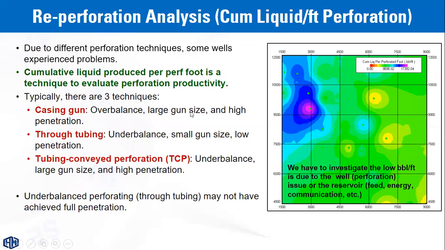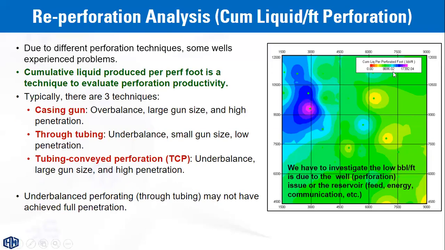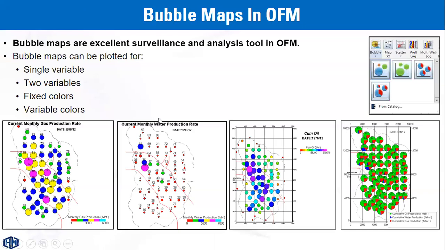Also, we have this parameter calculated in OFM, can be used to calculate cumulative liquid perforation foot to highlight the efficiency of your perforation. Accordingly, you can identify also the areas of wells that requires a specific improvement or specific optimization in the perforation efficiency based on the production performance.